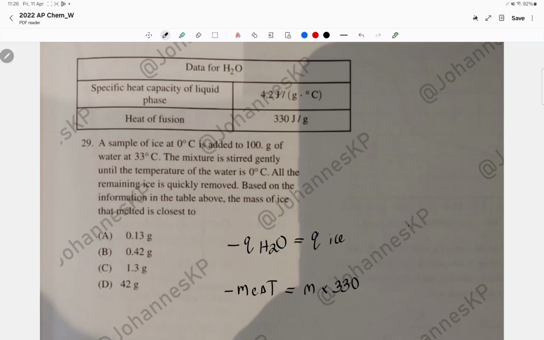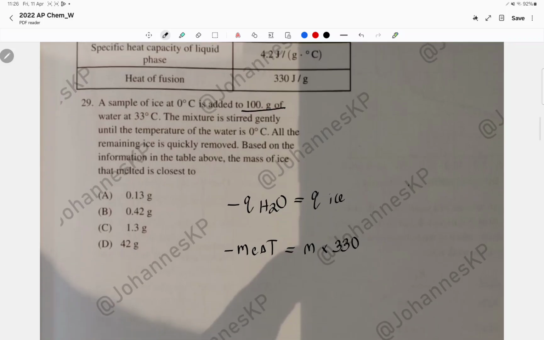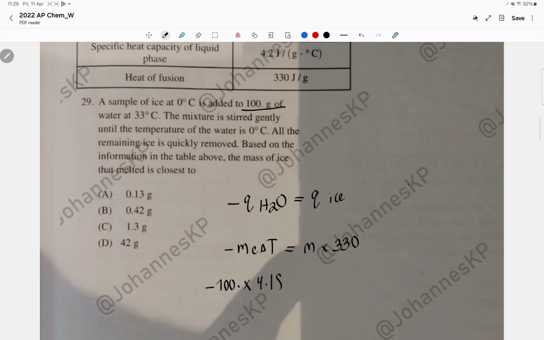Now, the mass of the ice, we don't know what that is. It's going to be unknown. But the mass of the water, we know what that is. It's 100. So we're going to say negative 100. C is what? Specific heat capacity, which is 4.18. Actually, sorry, 4.2. Delta T is going to be T final minus T initial, which is 33.